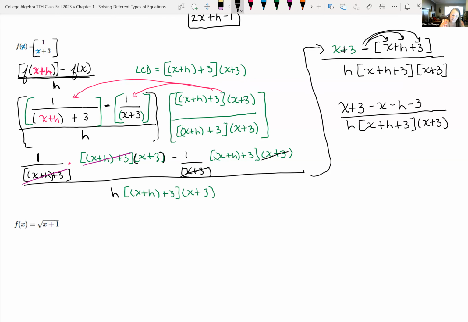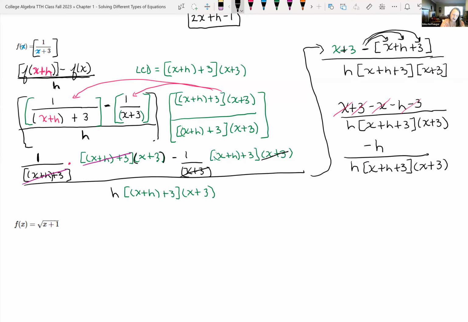So combining like terms in our numerator, notice we have an x minus an x, those cancel. We have a 3 minus a 3, those cancel. And so we're left in the numerator with a negative h all over h times the quantity x plus h plus 3 times the quantity x plus 3.